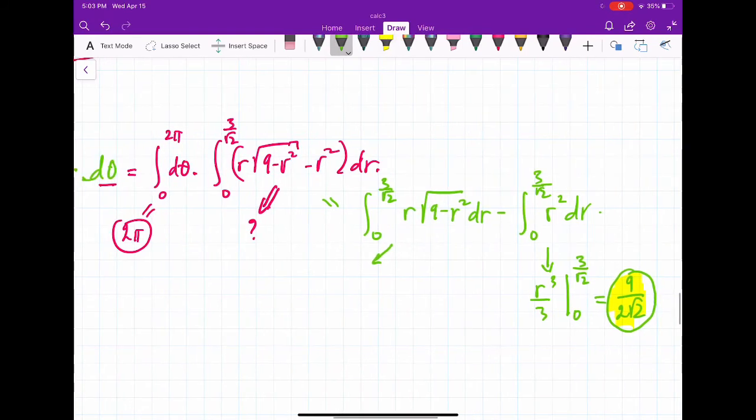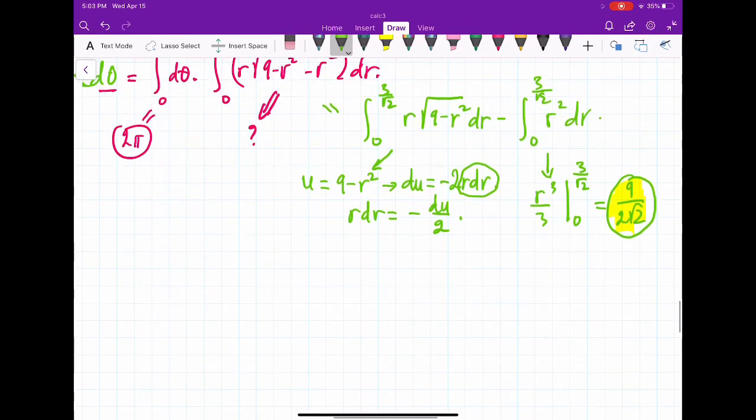For this integral, I put u equal to 9 minus r squared. I find du is negative 2r dr. So r dr is negative du over 2. Okay, and let's find the antiderivative of that function, and then we plug 0 and 3 over square root of 2 at the end.